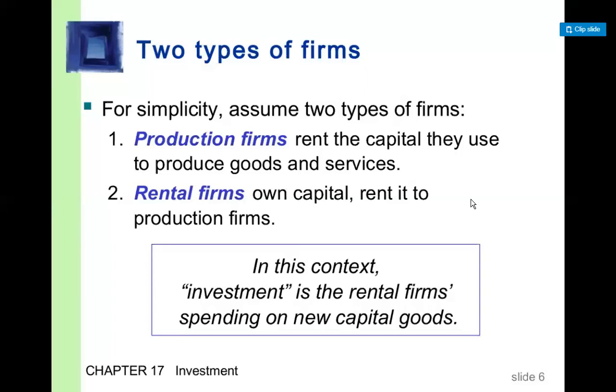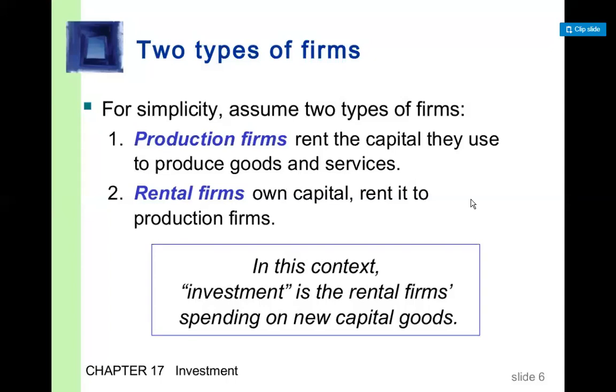So the Fahil firm is the production firm which produces socks by renting capital from rental firms.